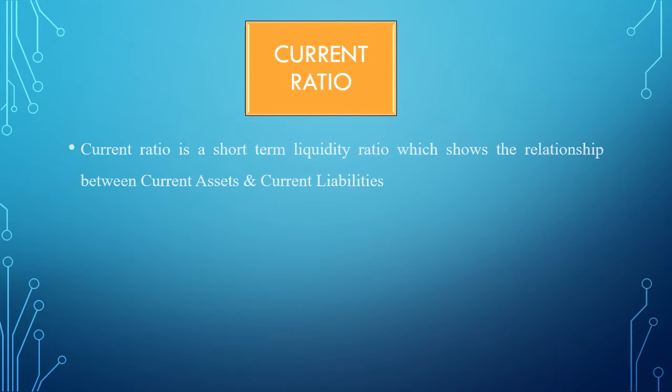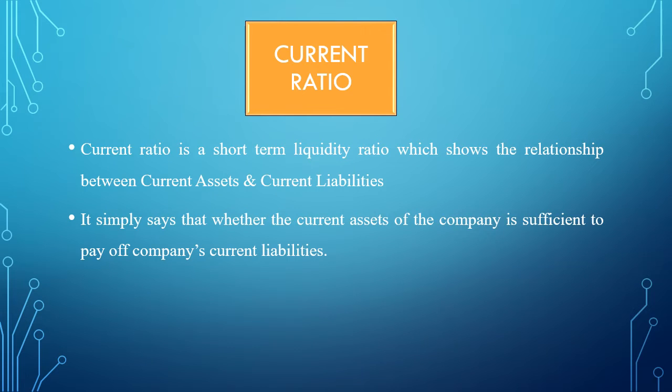And what is current ratio? Current ratio is a short-term liquidity ratio which shows the relationship between current asset and current liability. It simply says whether the current asset of the company is sufficient to pay off the company's current liability.